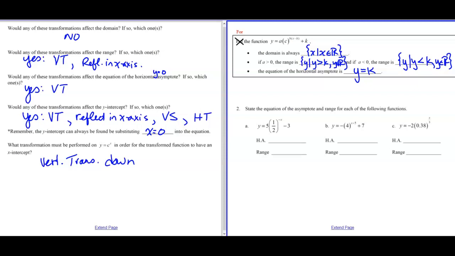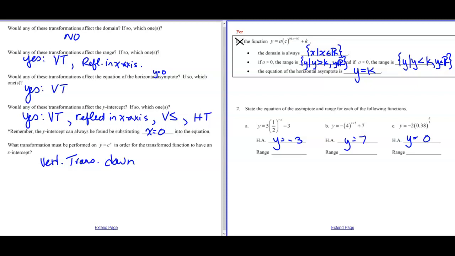So in this almost transformation form, that is going to be y equals -3, y equals 7, y equals 0. Then your range is based upon that.